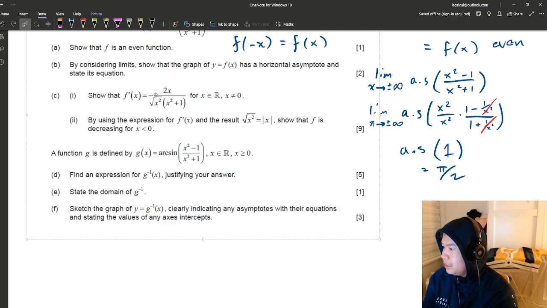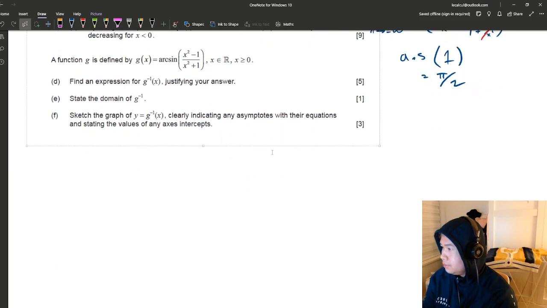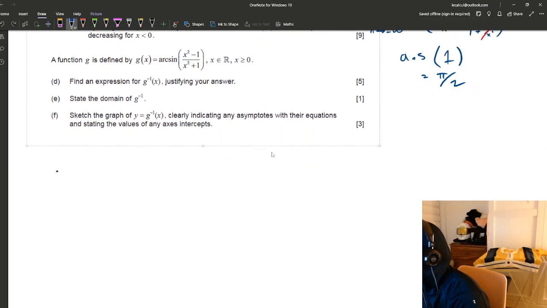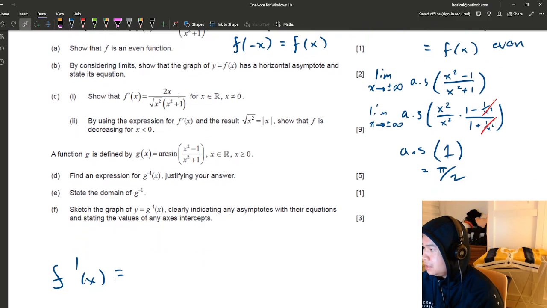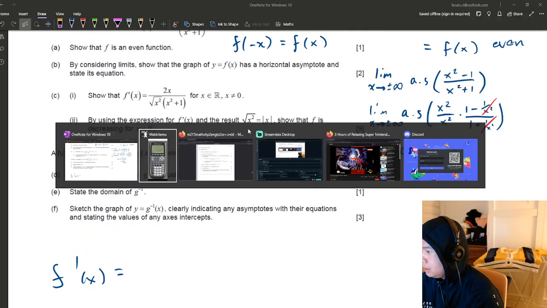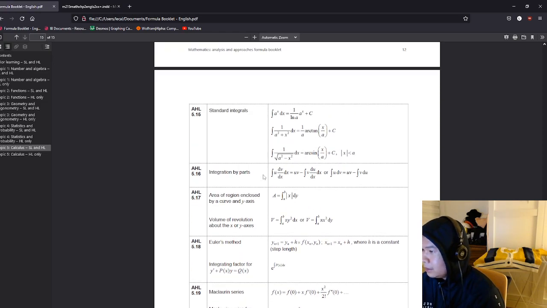Next up, show this is the derivative. What am I taking the derivative of, this thing? Okay, it's a composition of functions, so I'm going to use the chain rule. The first thing is the derivative of arcsine, which is in your formula book probably.